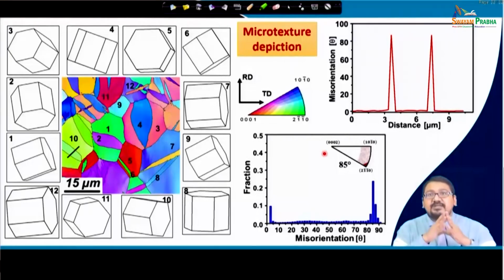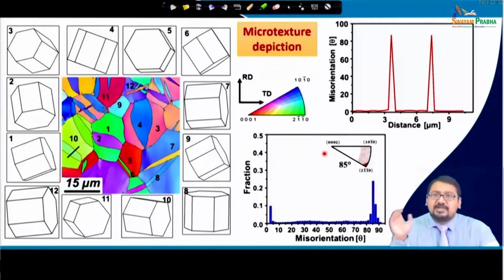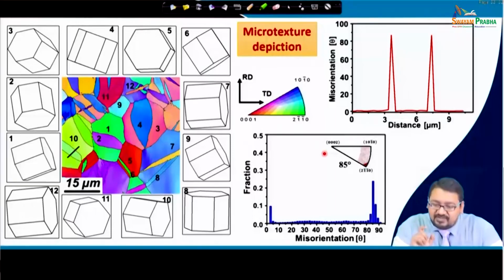So, there is a lot of 112 bar 0 axis with 85 degrees in the axis and angle relationship. It is a kind of special boundary usually called a coincident site lattice boundary, but we will come to that in a later section of the course.